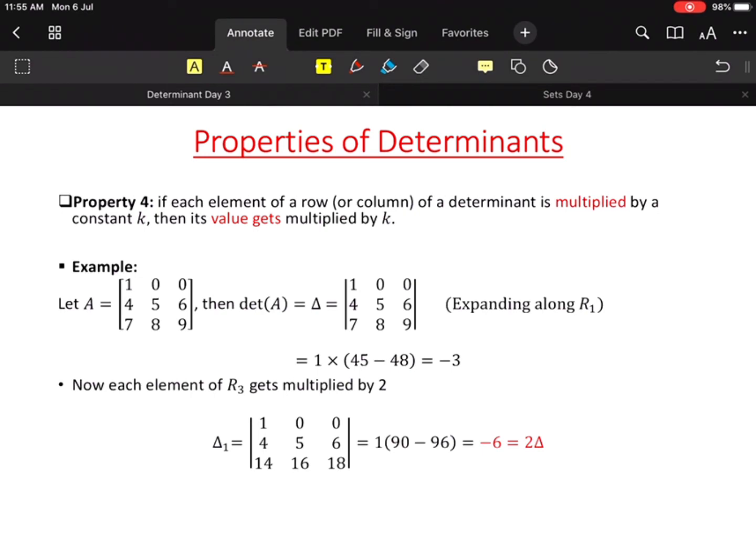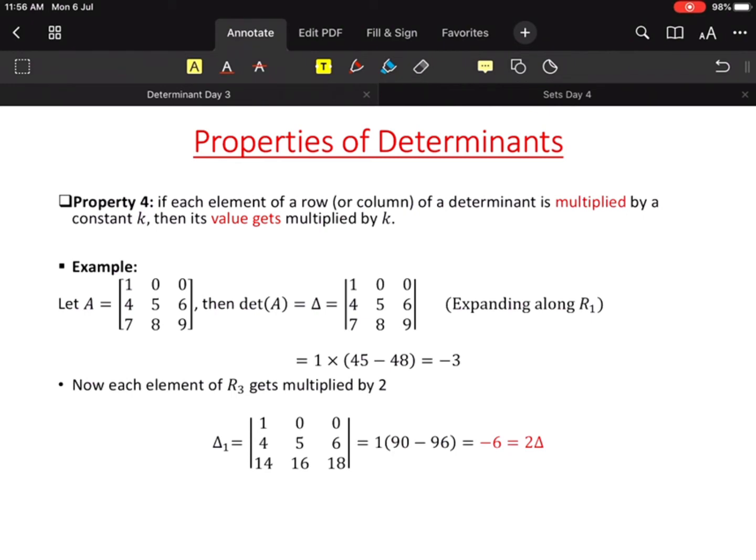We have done one problem on this previously. For a matrix, only if all the elements are multiplied by the constant k will the matrix be multiplied by k. But in a determinant, if each element of any one row or column is multiplied by k, then its value gets multiplied by k. Understood? So that's the difference between matrix and determinants.